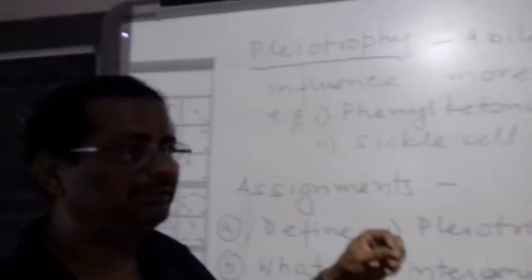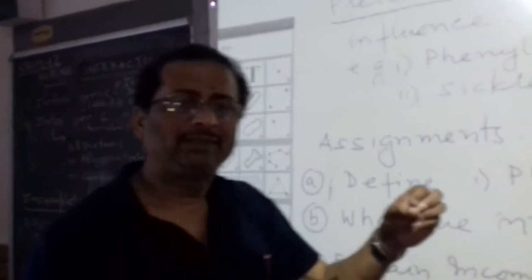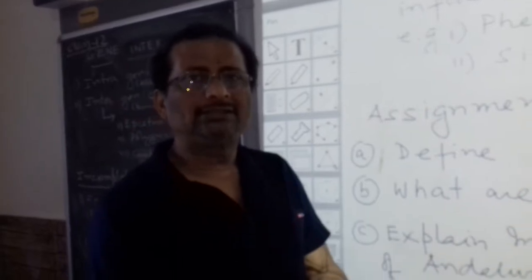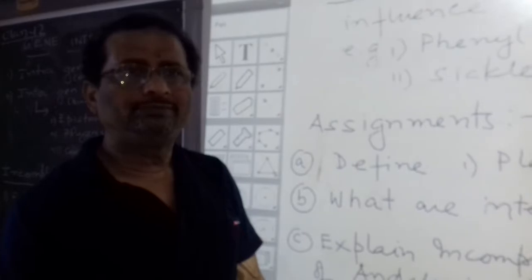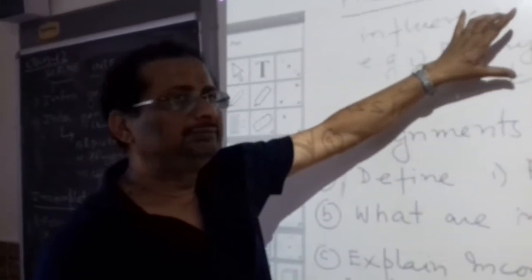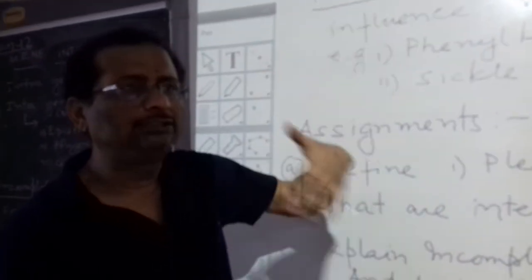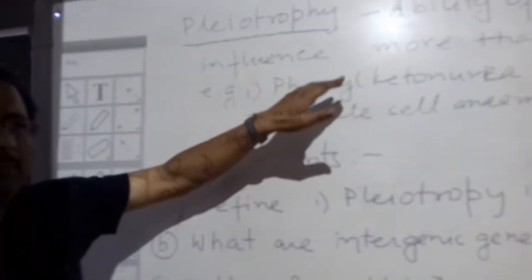Now, due to absence of that enzyme, the phenylalanine accumulates in the body of the individual and it causes certain characters like mental retardation and muscle breakdown. That means there are several factors which are expressed due to one particular defect of the gene, causing several types of defects or expressed in different ways. Same is in the case of sickle cell anemia.